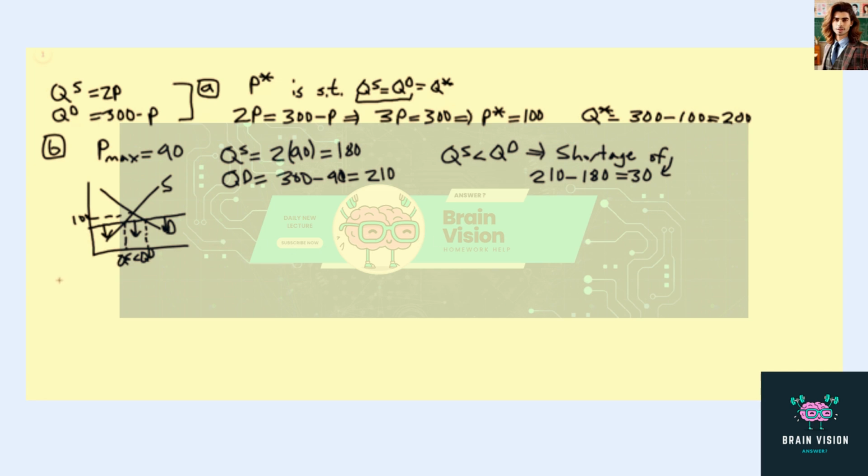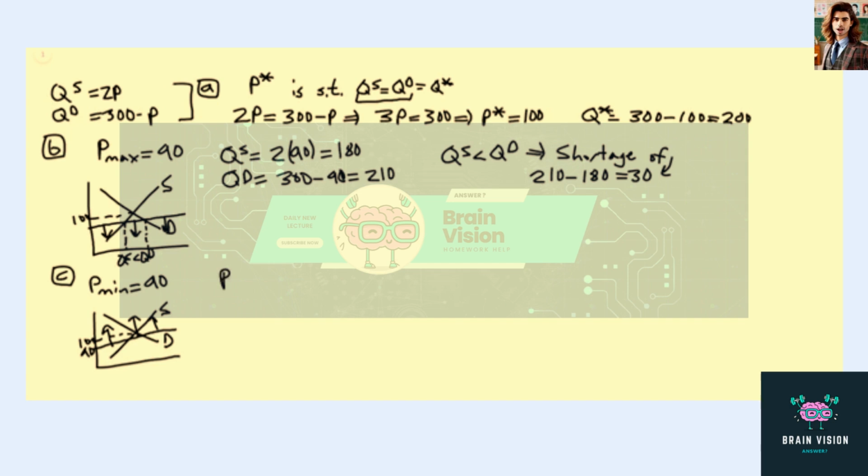Now, in part C, we're going to institute a price floor at 90. Now, when we have a price floor below equilibrium price, we know that this is going to be an ineffective price control, because what a price floor at 90 is saying is we can sell at or above this price 90, in which case the equilibrium solution is uninterrupted.